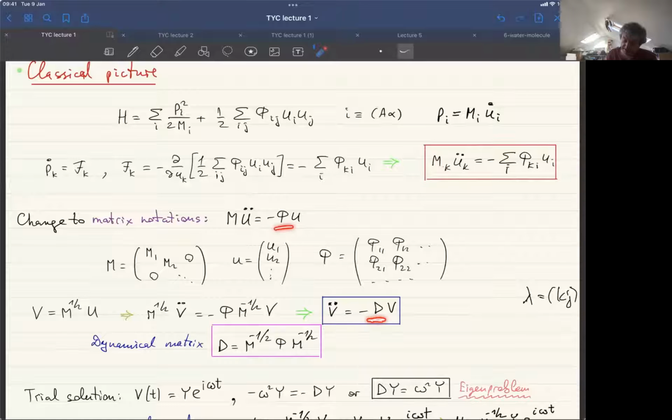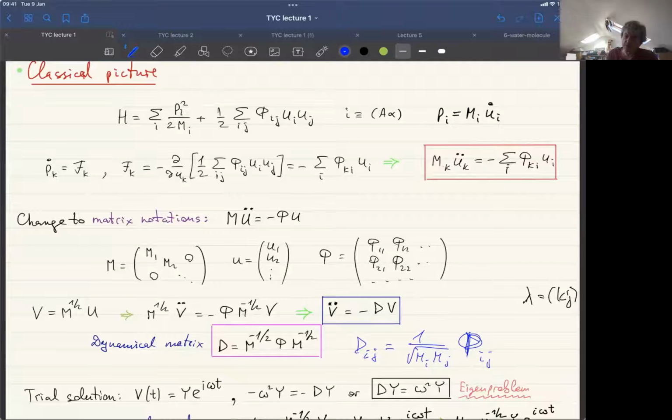So you will get this differential equation where now the unknown vector is v, the massless displacement, and instead of phi, we get this matrix D, which has this form, and this is called the dynamical matrix. So it consists of the force constant matrix phi sandwiched from both sides with M to the -1/2. So basically, elements of this matrix D, with indices i and j, would have 1 over the square root of m_i m_j, and this phi_ij.